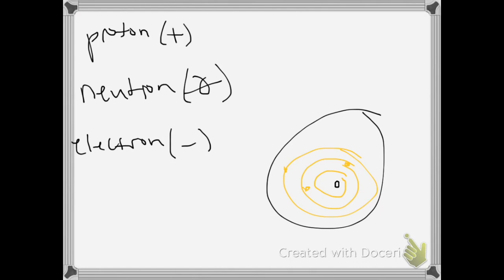The outermost shell, this one out here, is called the valence shell. The valence shell of electrons is important because these are involved in chemical reactions. You want this outer shell to be full. When it has a full energy level, then it's in what we call noble gas configuration, and it won't react.